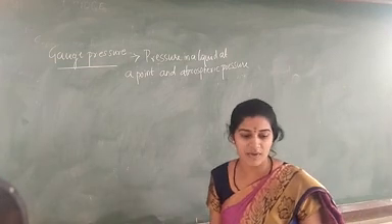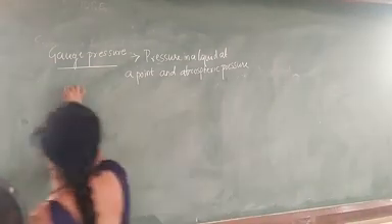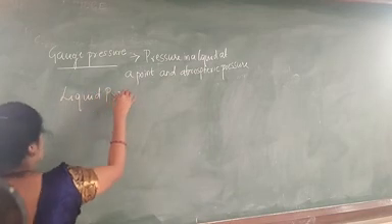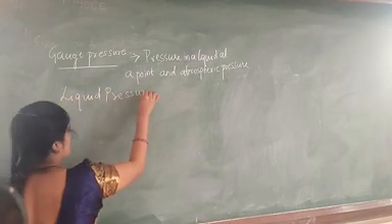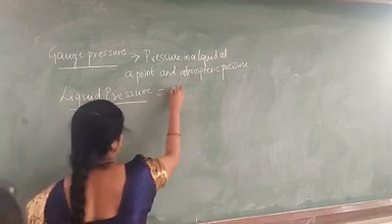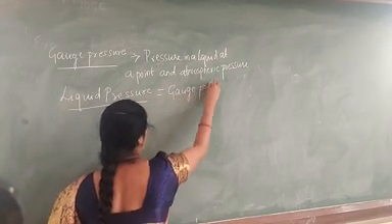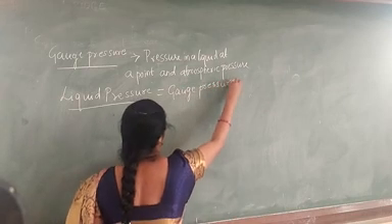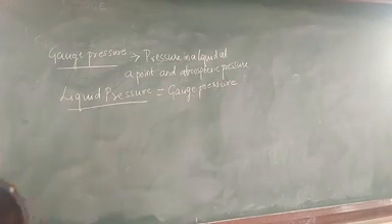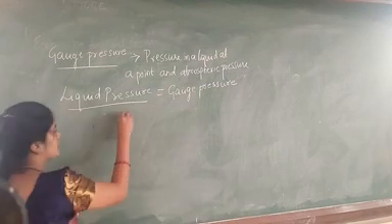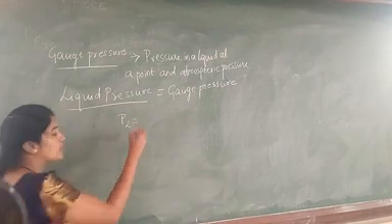And last one we have to study here, liquid pressure. This liquid pressure is equal to gauge pressure. It depends upon your gauge pressure. Liquid pressure is equal to the gauge pressure, or this can also be written as PL is equal to PT minus PA.